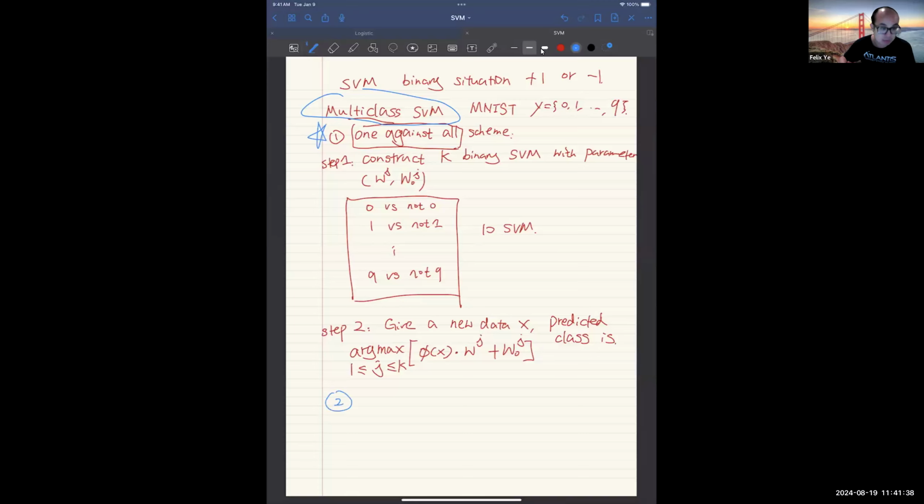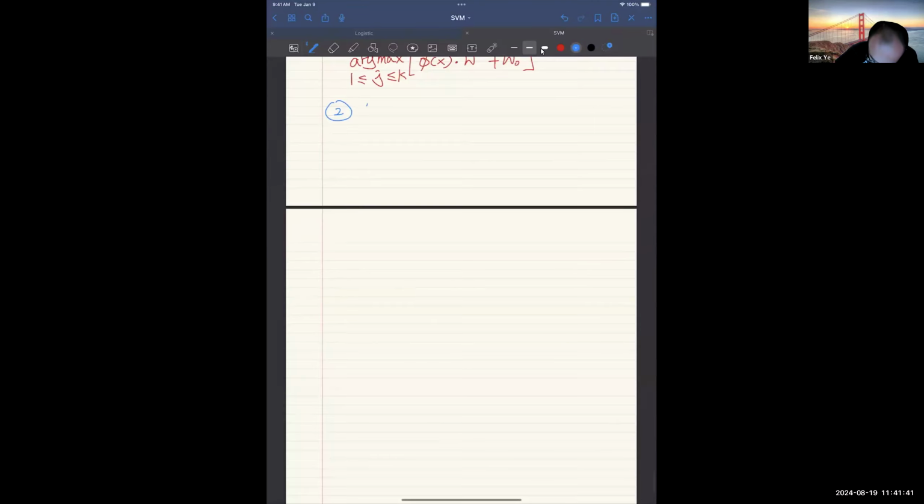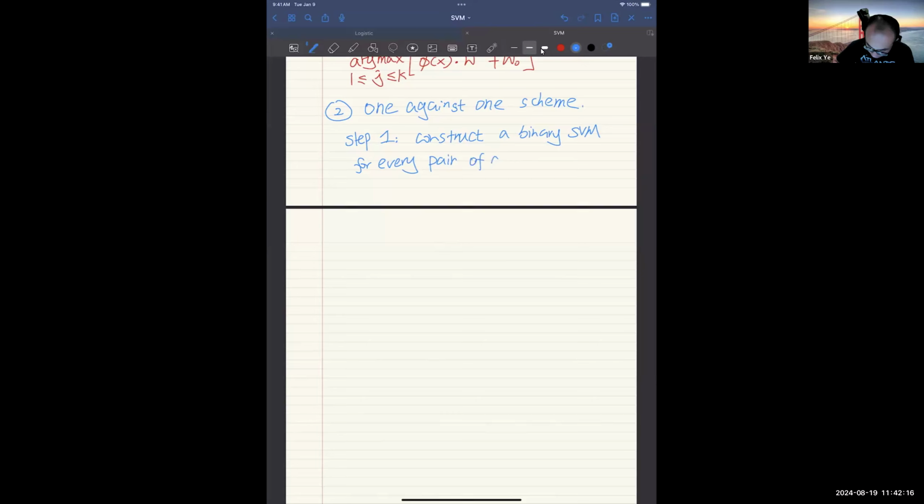The second one is one against one. Step one is to construct a binary SVM for every pair of classes.